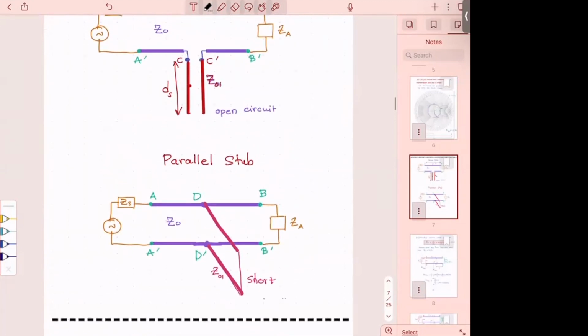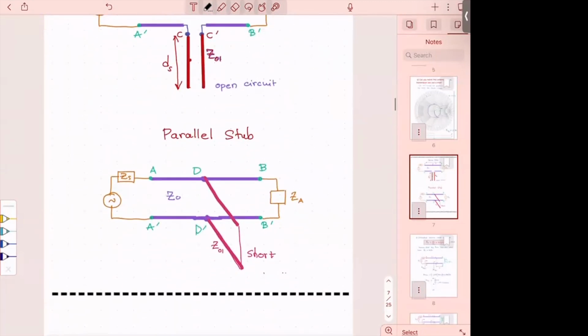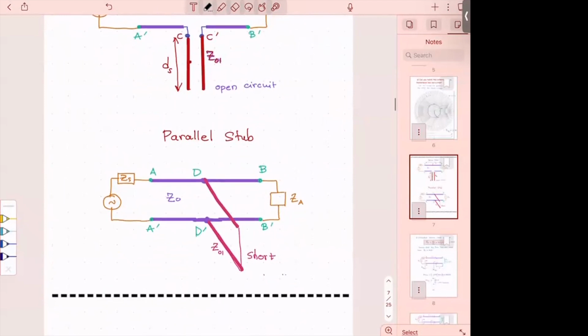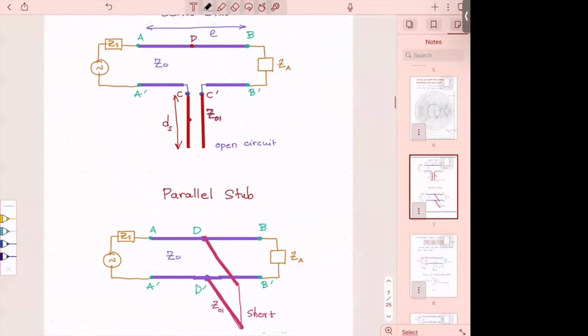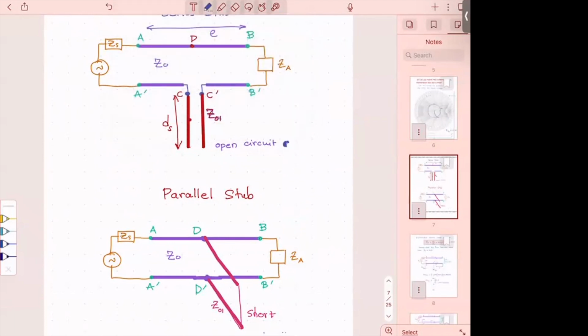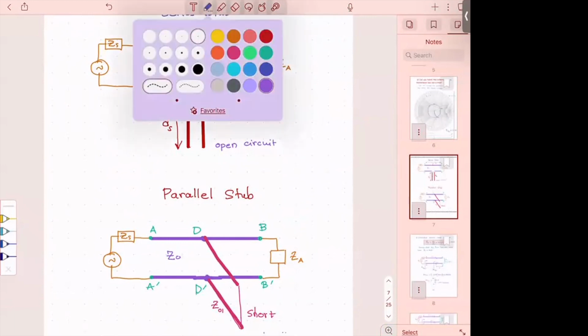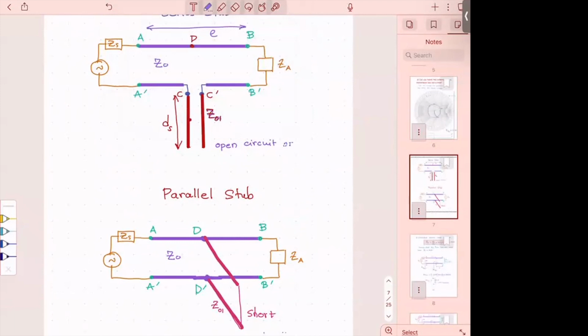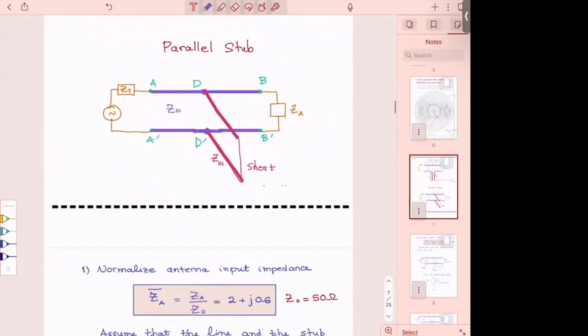So you remember that you can have a series stub or a parallel stub. These are the options. You can have an open or short here, an open circuit, or short circuit, and the same thing here, short or open at the end.